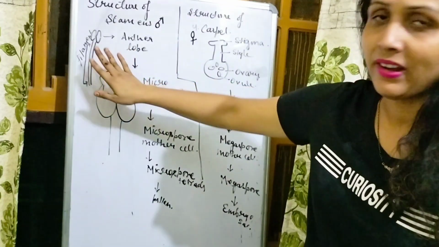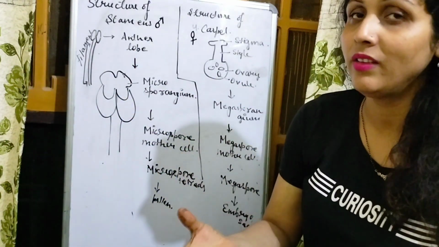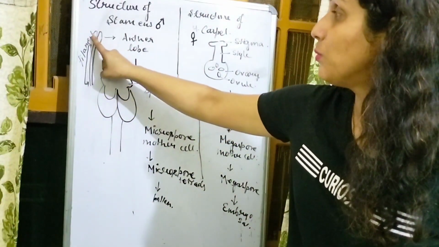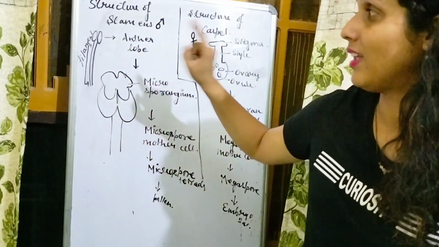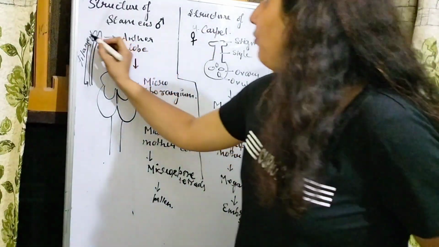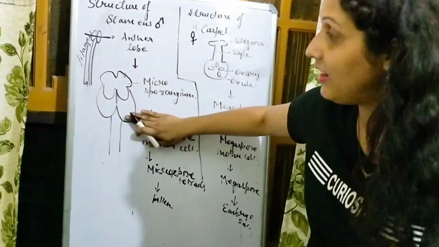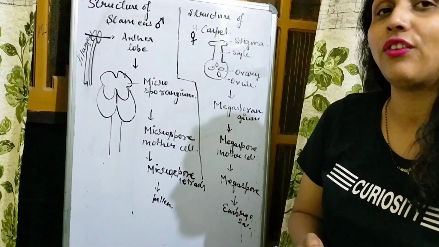Now we'll leave the filament for now, because we have to understand where the gamete is produced. To understand this, we will take only the anther lobe, and we will see the transverse section of this anther. Suppose we cut the anther from here and see the 3D structure of the anther lobe.